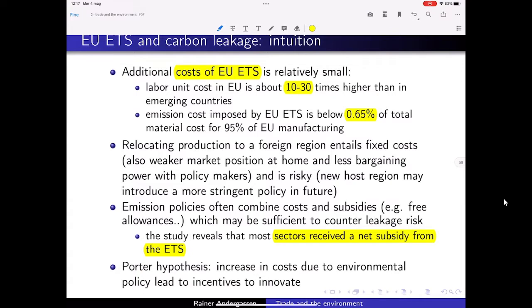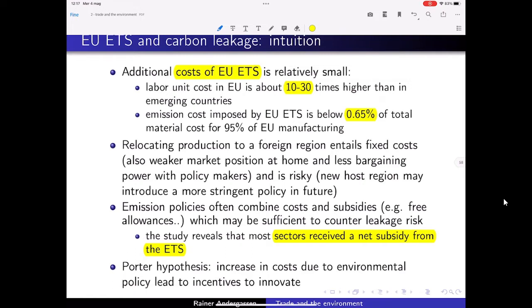Given that if you take into account both costs and subsidies, that is free allowances and so on, overall the effect was nil, and therefore the impact on carbon leakage was negligible.